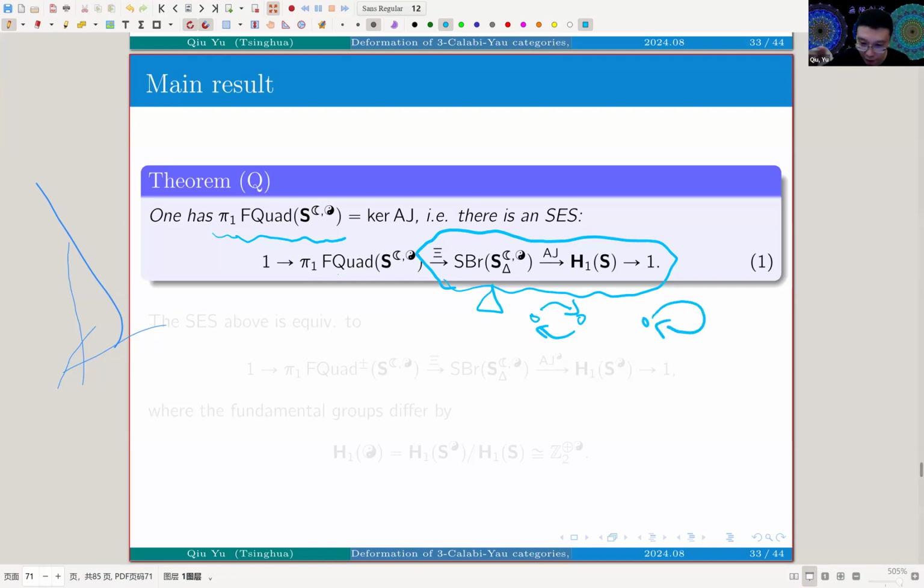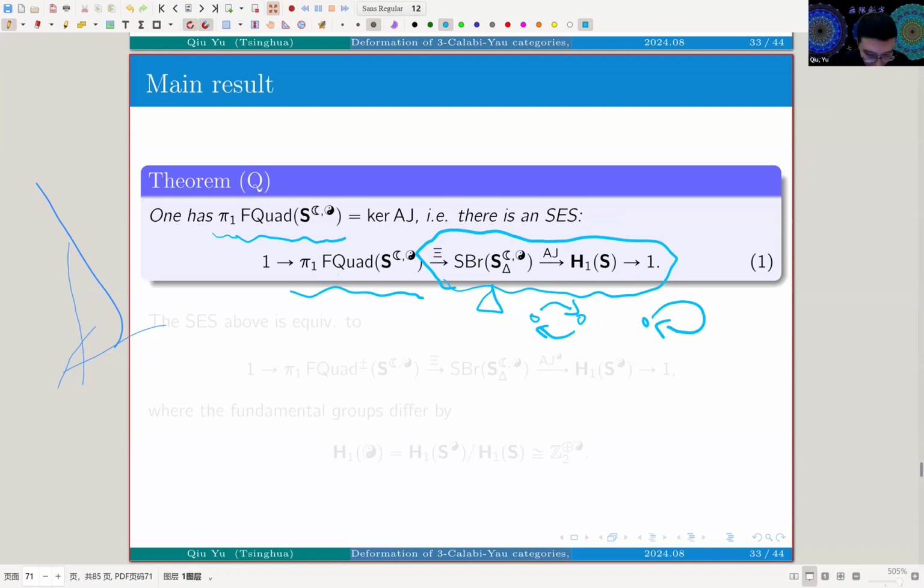Because you always need to go back to the decoration, each element of the surface braid group gives you some loop in the surface. If you take the product of those loops, you get some first homology class of the surface. That is the Abel-Jacobi map, and we're saying that the fundamental group is the kernel of that.